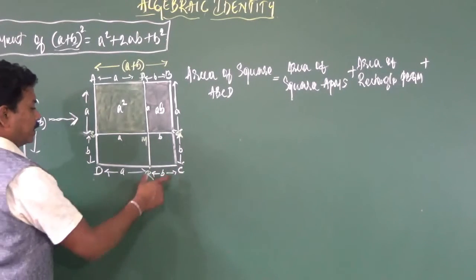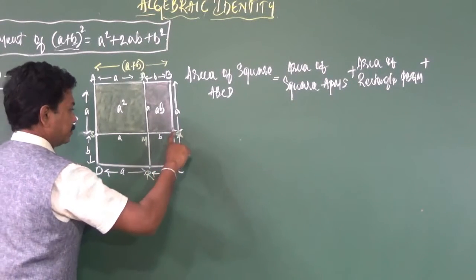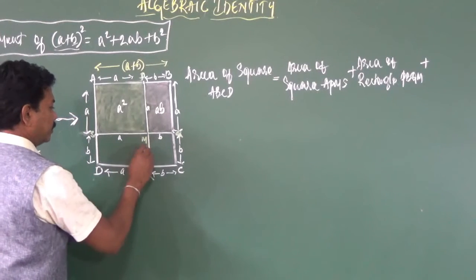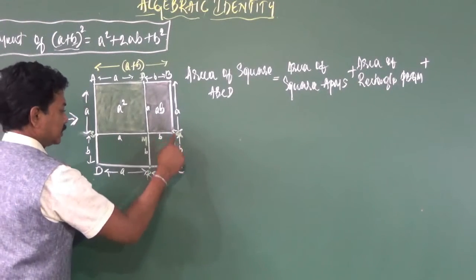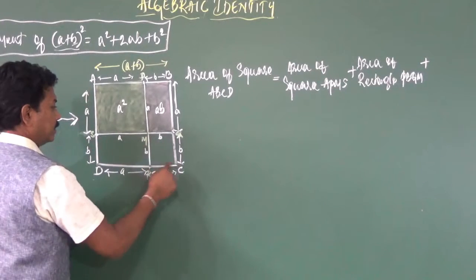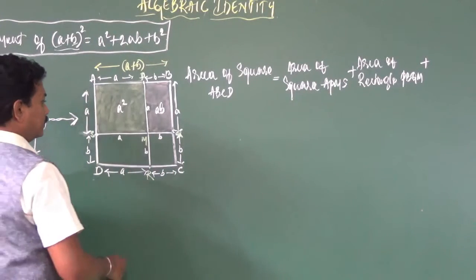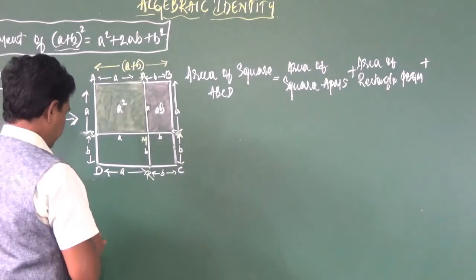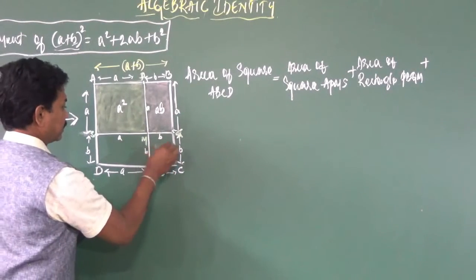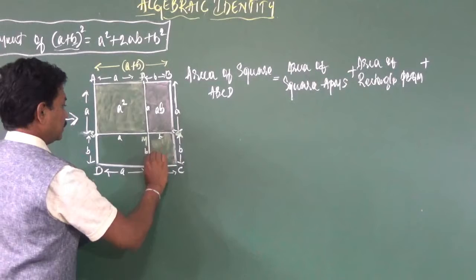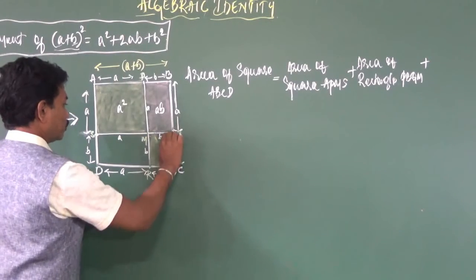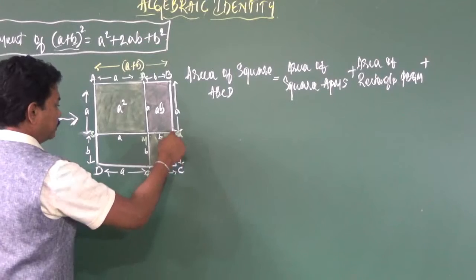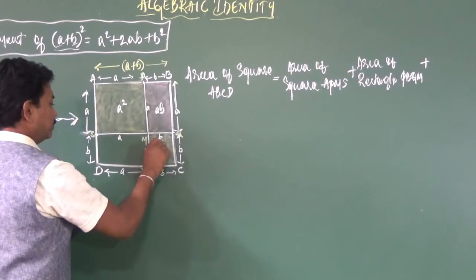So if you observe that, one of the sides is B, another side is B, another side is B. As this is equal to this, so this length is also equal to B. So if all the sides of a polygon are equal, then it can be called a square here. So therefore MQCR becomes a square. So let us identify that by shading this. So this is a square here. So in this square we have the area, that is B into B, that is B square.